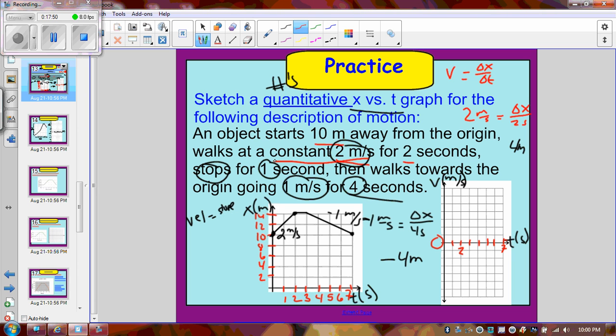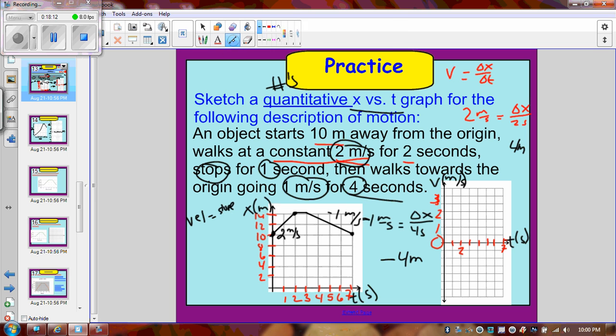The object is not speeding up or slowing down. So if the object is going 2 meters per second, I'm going to want to draw a line that represents 2 meters per second. So let's make every 2 squares 1 meter per second, there's 2 meters per second, and then 3 meters per second.